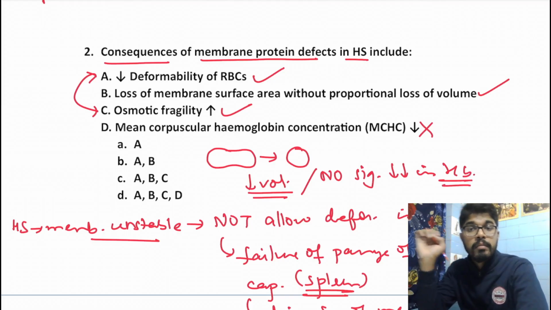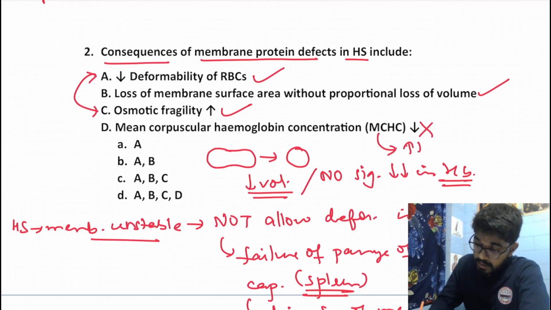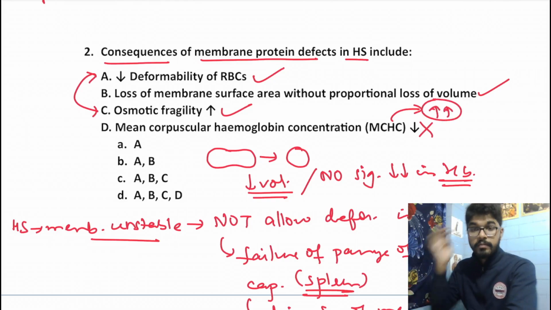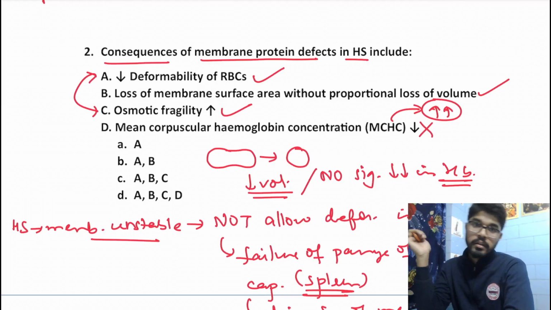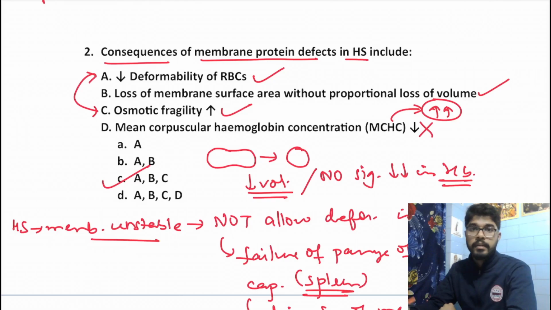Your hemoglobin content remains the same, and the volume in which it is dissolved decreases, as a result of which the concentration increases. So your MCHC increases in hereditary spherocytosis. It does not decrease. So our answer would be D, the MCHC option. This is an INI type question.